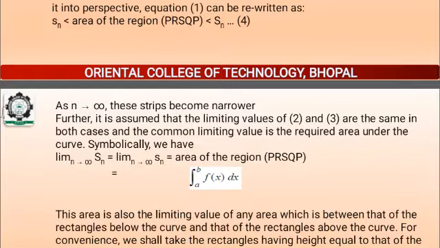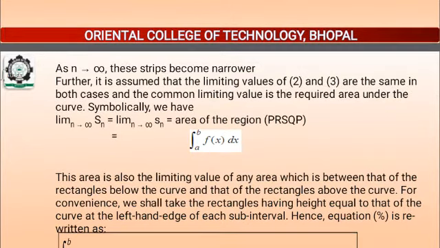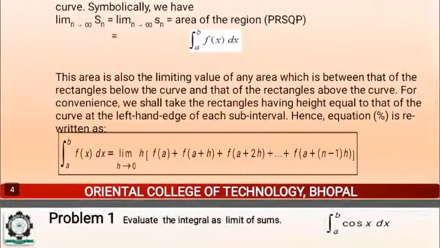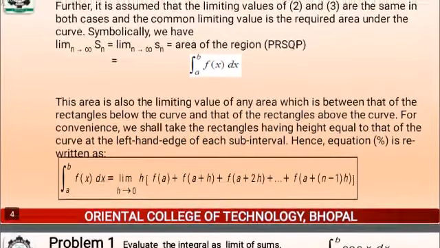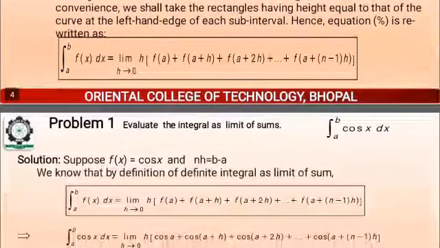Symbolically, we have limit n tends to infinity of capital Sn equal to limit n tends to infinity of small sn equal to the area of the region PRSQP, and it is equal to the integral from a to b of f(x) dx. This is the formula. Integral from a to b of f(x) dx equal to limit h tends to 0 of h[f(a) plus f(a plus h) plus f(a plus 2h) and so on, f(a plus (n minus 1)h)].